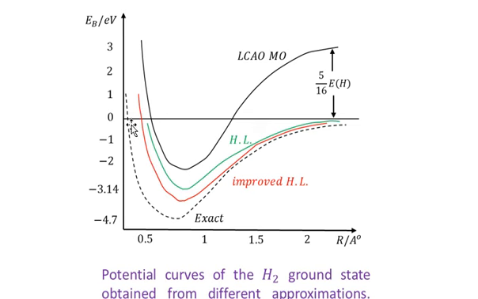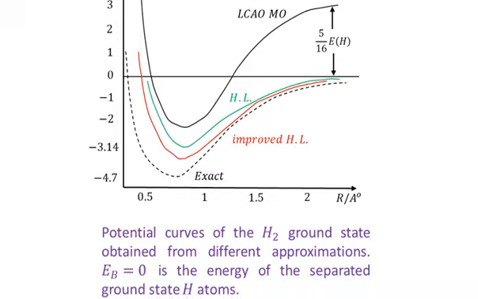Here EB equal to 0 is the binding energy curve due to the separated atoms. That is, when R is very large, you approach a binding energy equal to 0 because the atoms are so far apart that there is no binding.